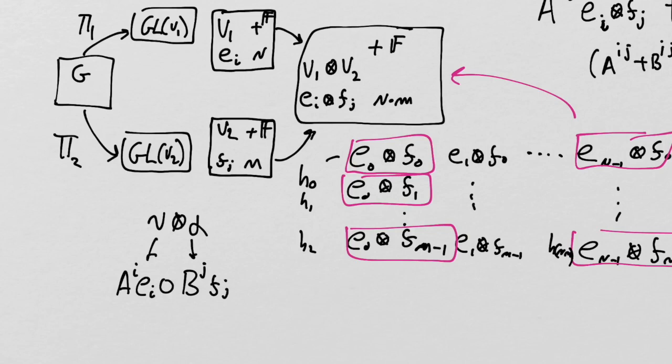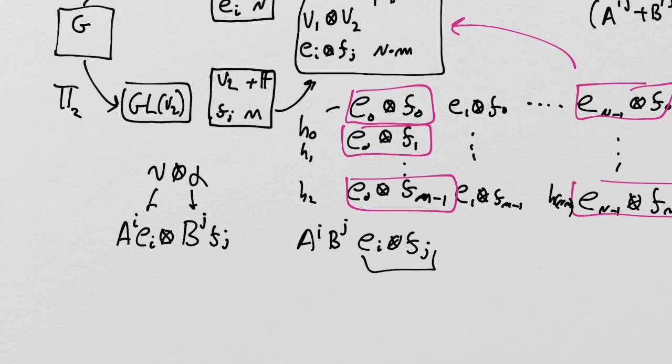b_j F_j, right? So I have the tensor product of these two things, and everything is linear in this whole world. So I end up with a_i times b_j of E_i tensor product F_j, and this is by definition a basis vector in the tensor product space, right? That's one of those things. And then I take this product a_i b_j and I usually rename it, say, c_ij, E_i tensor product F_j, right?